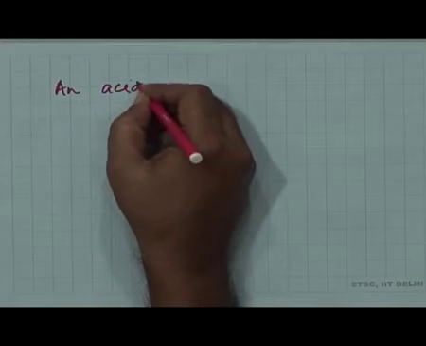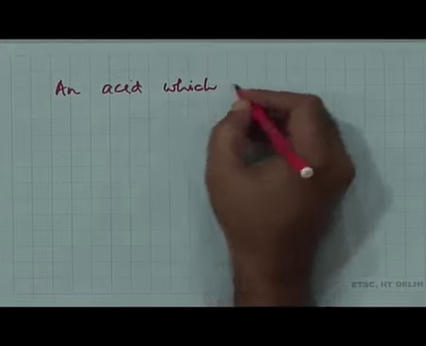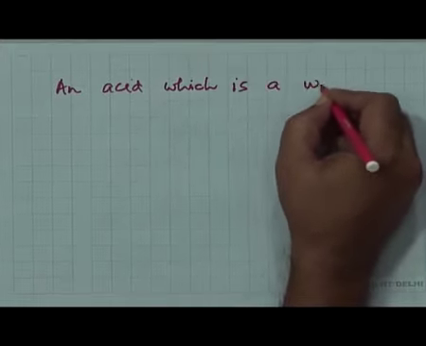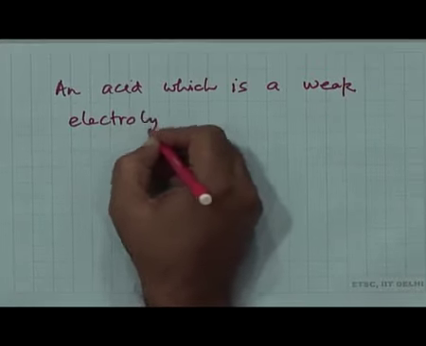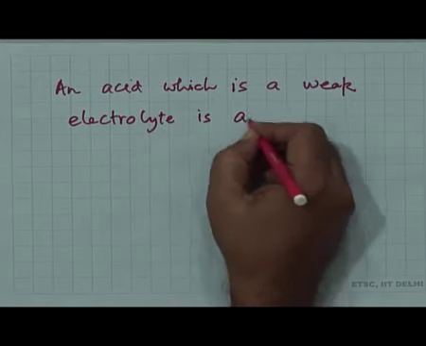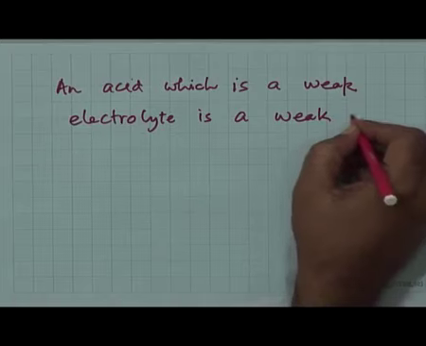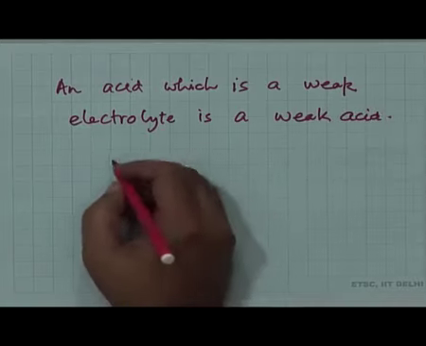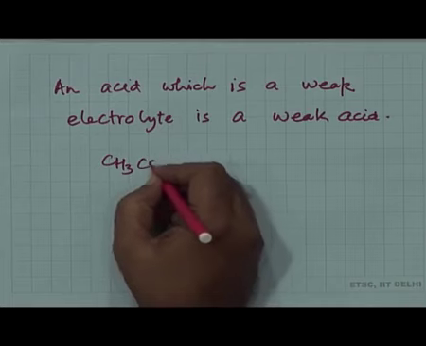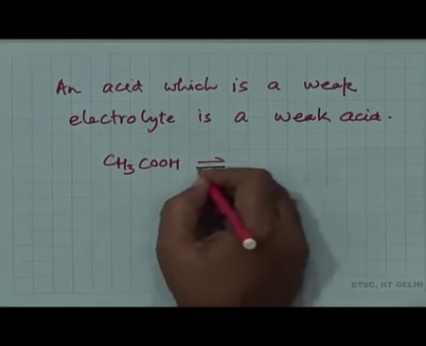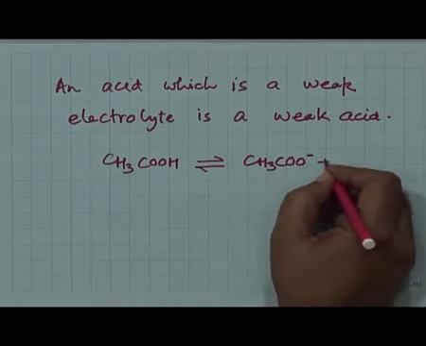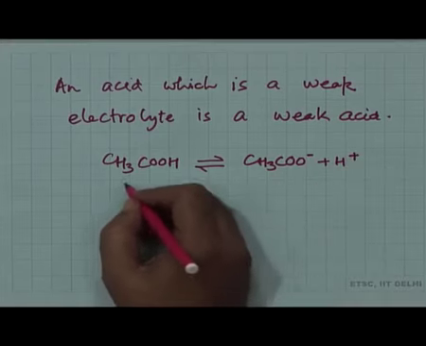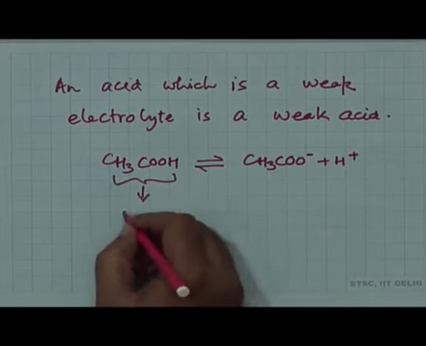Whereas an acid which is a weak electrolyte is a weak acid. For example, if we take acetic acid, it dissociates to give CH3COO minus plus H plus. This is a weak electrolyte.